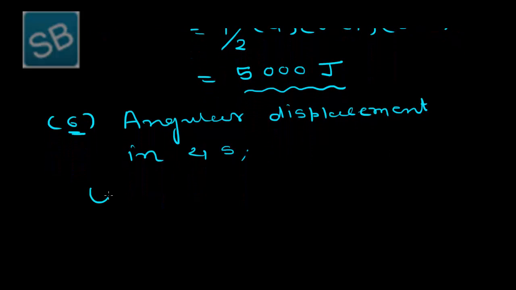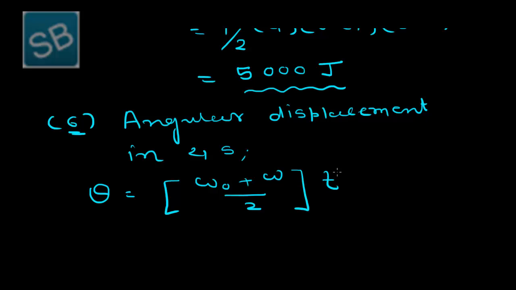That is equal to omega 0 plus omega by 2 into t, which is equal to 0 plus the value of omega, 500, divided by 2, into 4.